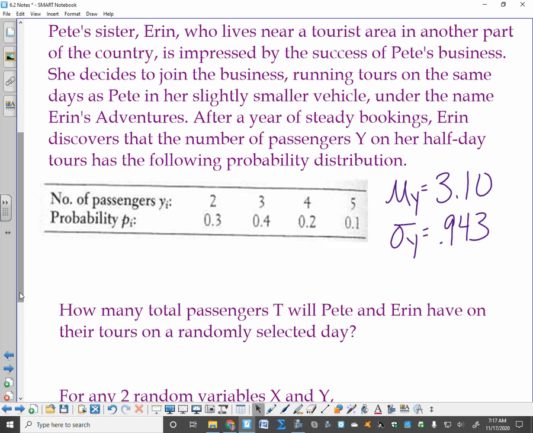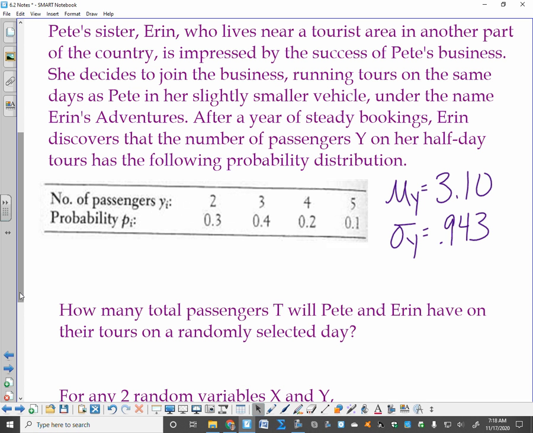After a year of steady bookings, Erin discovers the number of passengers Y on her half-day tours has the following probability distribution. Now, her tours can only carry from 2 to 5, and there's her probability distribution, and we went ahead and found the mean sub Y and the sigma sub Y. So that's for Erin. So Y is Erin.